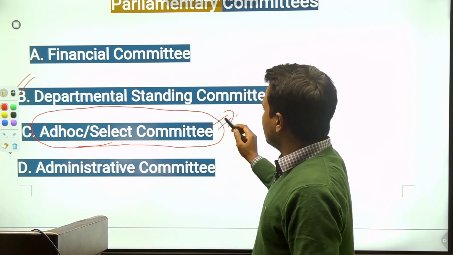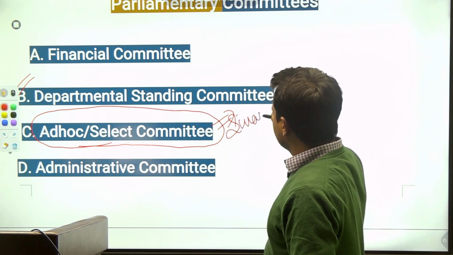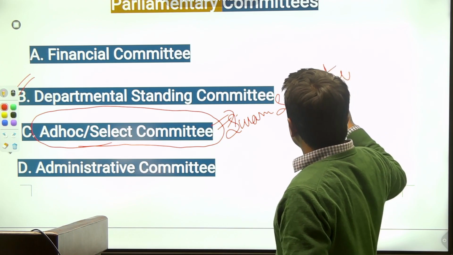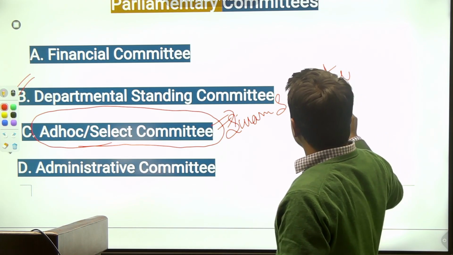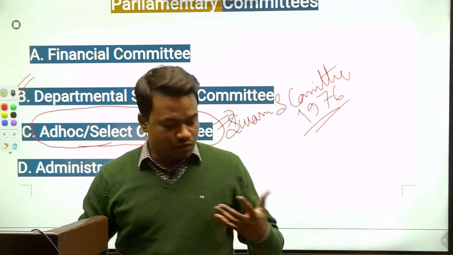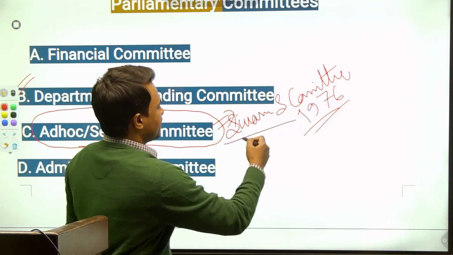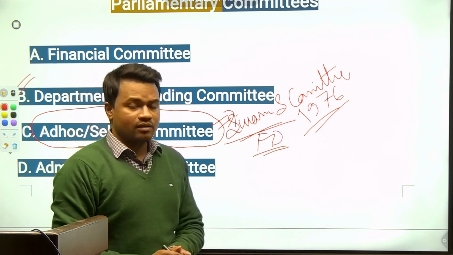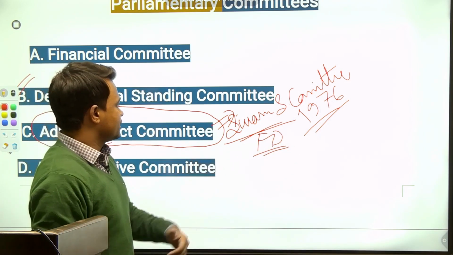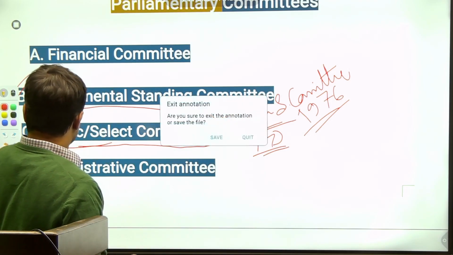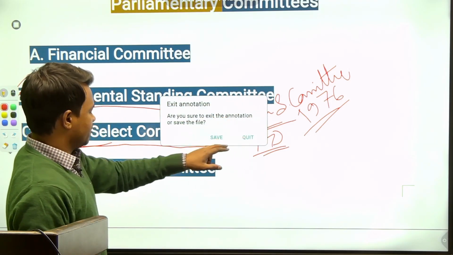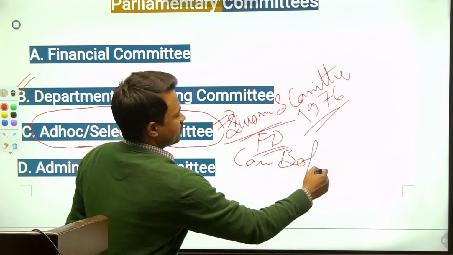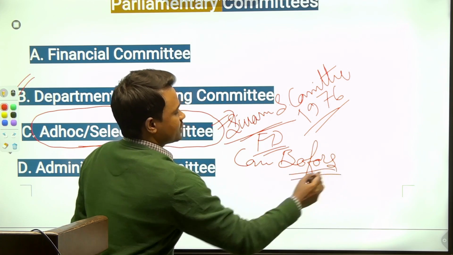For example, the Swaran Singh Committee in 1976 was formed to recommend and give ideas about fundamental duties, which were also adopted later on. This is one example of an ad hoc committee, as is the committee on scrutiny of the Bofors case, the Bofors Howitzer case.